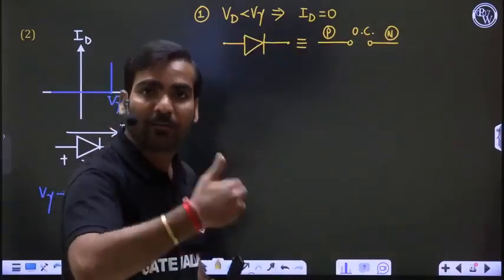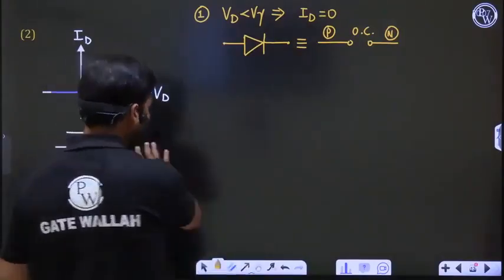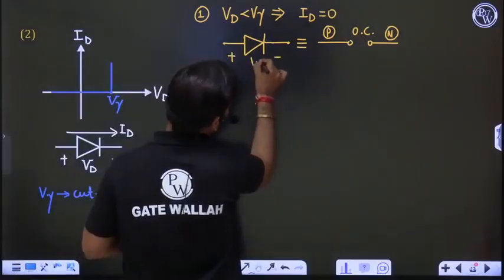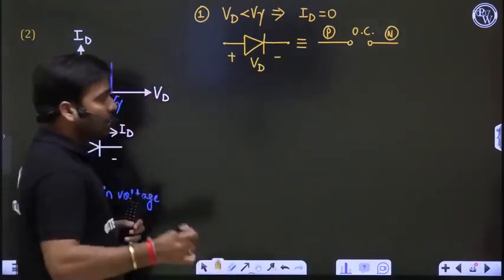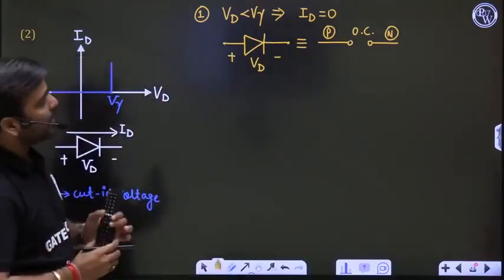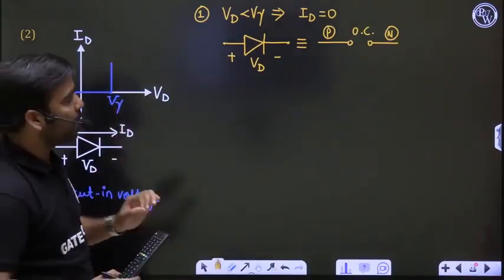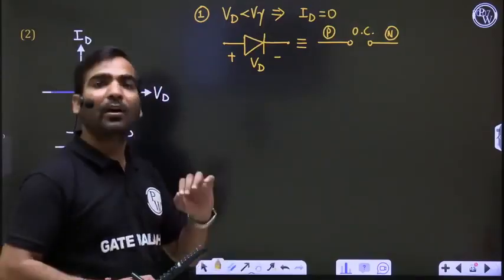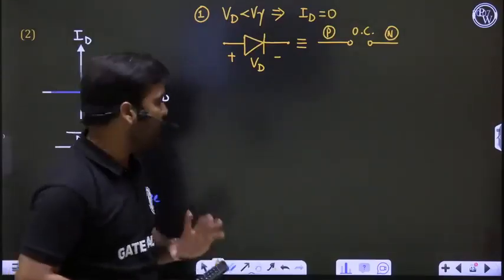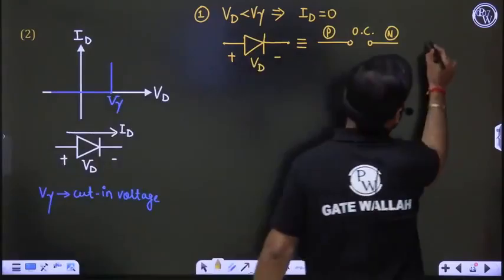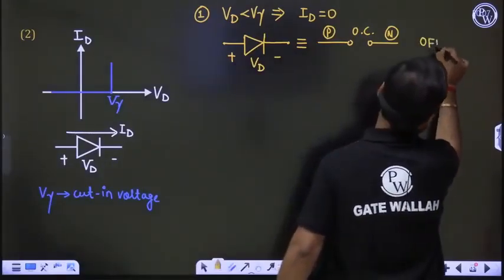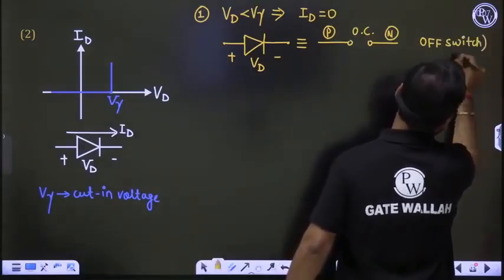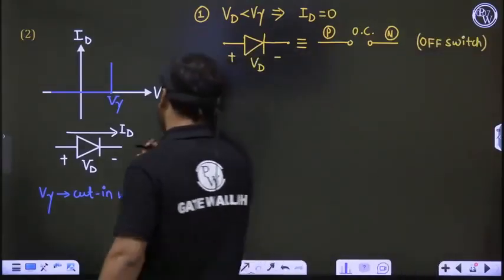The diode will be on when Vd is greater than V gamma. So if Vd is either negative or less than V gamma, current is 0, the diode will be replaced by open circuit, and this is known as off diode, or the reverse bias case. Just an off switch.